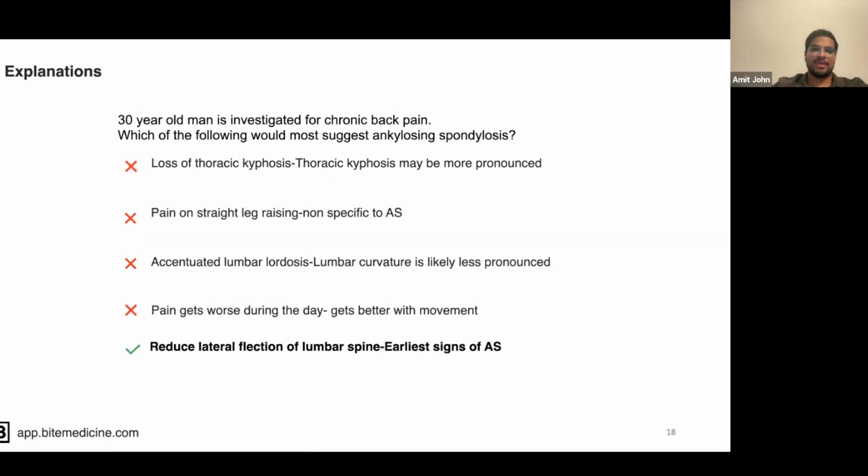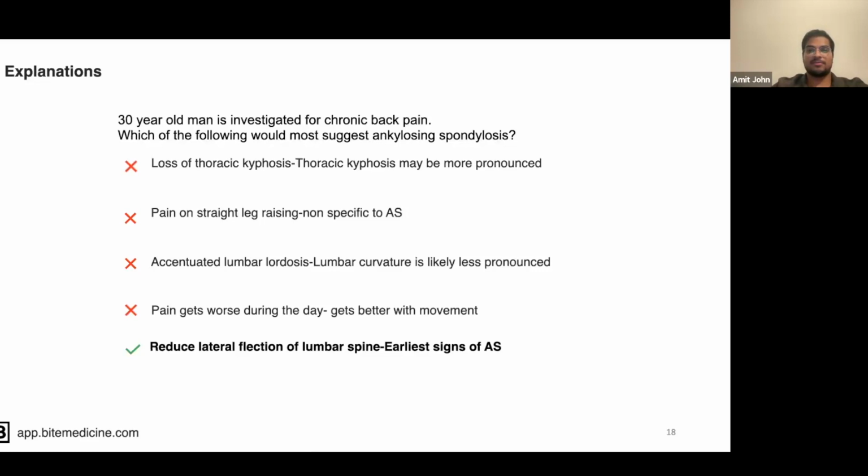Pain on straight leg raising, yeah, that is one feature, but that comes later on, especially when the nerve roots are involved. But it's not specific to ankylosing spondylosis. And then accentuated lumbar lordosis. Yeah, lumbar curvature is less pronounced.